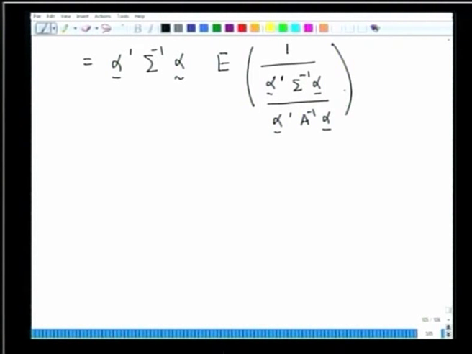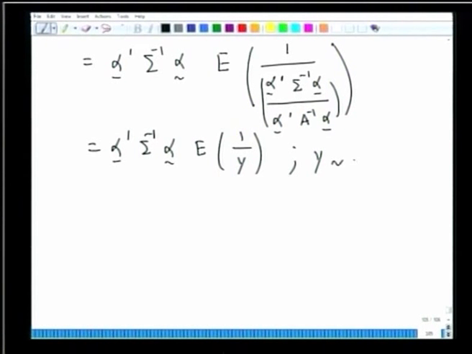Why have we written it in this particular form? Because we know that this has a chi-square distribution. So let me write this simply as alpha prime sigma inverse alpha into expectation of 1 upon y, say, where this y follows a chi-square distribution on n minus m plus 1 degrees of freedom.